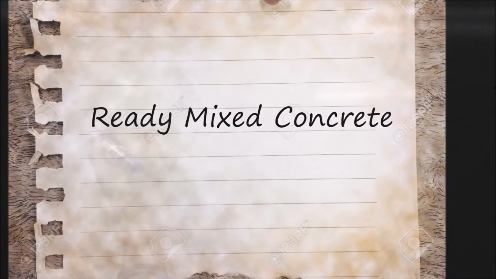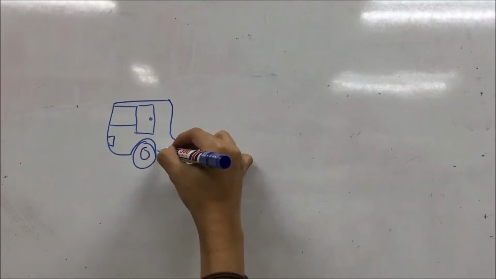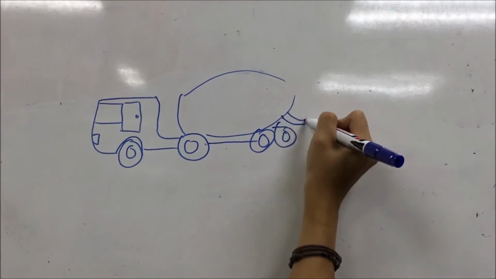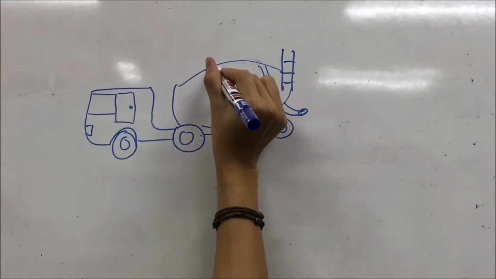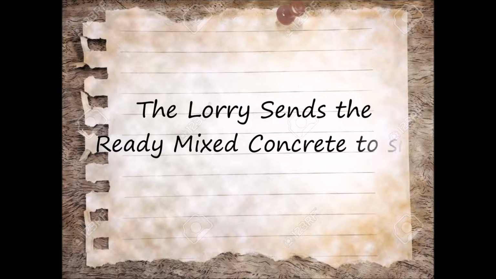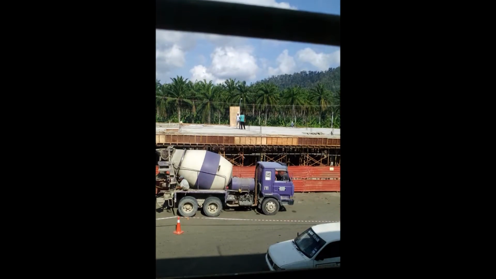For the ready mix concrete, first of all, the ready mix concrete is delivered to site by a concrete mixing truck, which is in the animation above. Then the lorry sends the ready mix concrete to the site, as you can see in the diagram above.